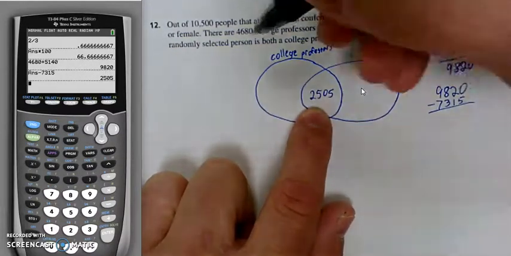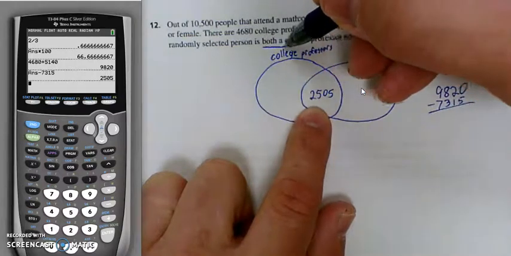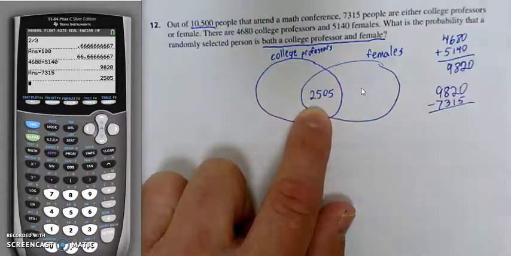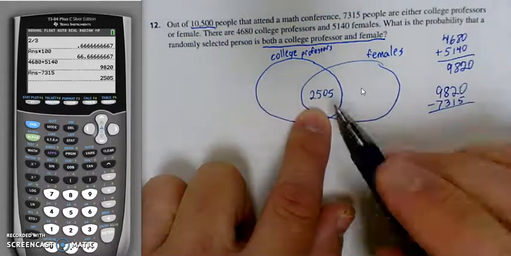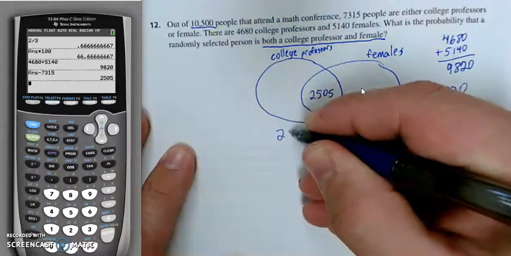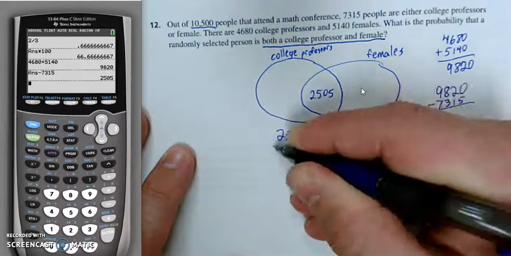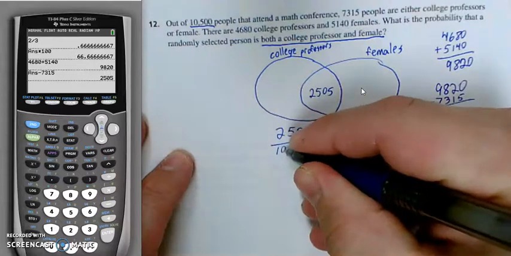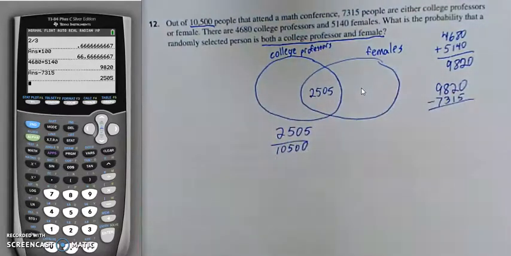But looking at the problem, what's the probability that a person is both a college professor and a female of the 10,500 people that attended this math conference? So now I know my favorable outcome. There's 2,505 favorable outcomes of people that would be both a college professor and a female out of the 10,500 people that were at the conference.